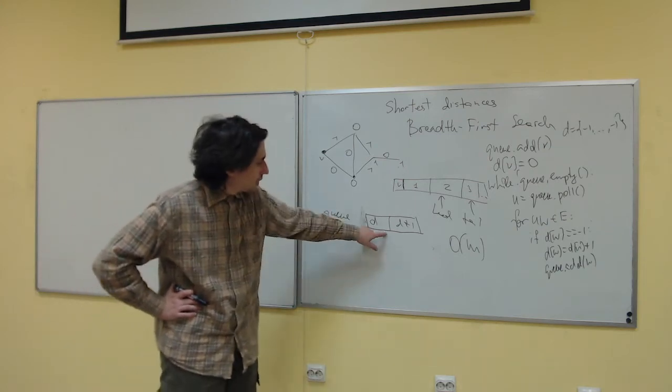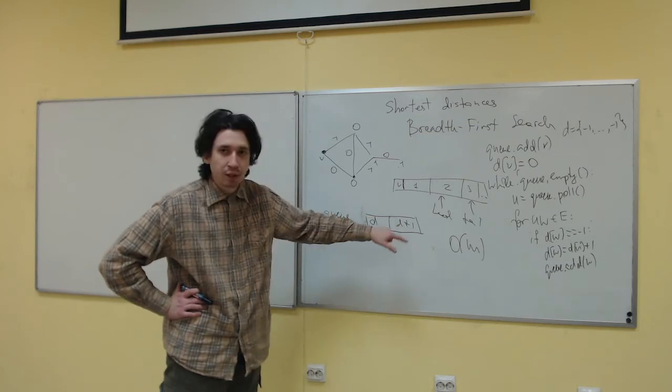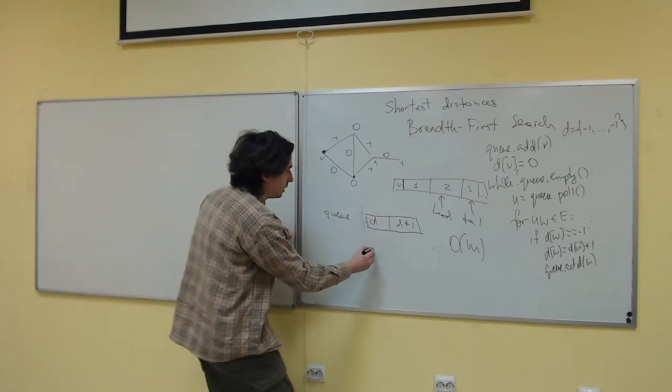The hint is that it always stores the d's first and then the d plus 1 distances. So you took u with distance d.